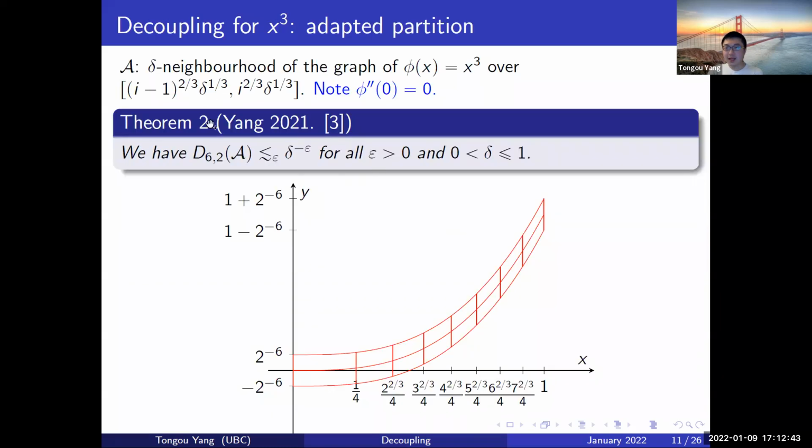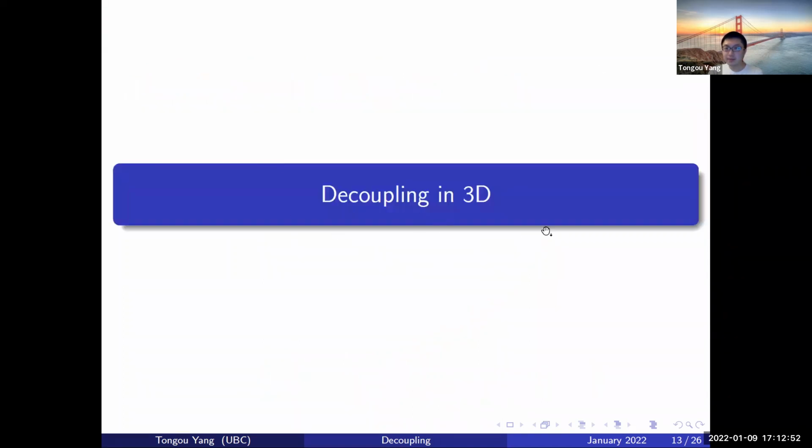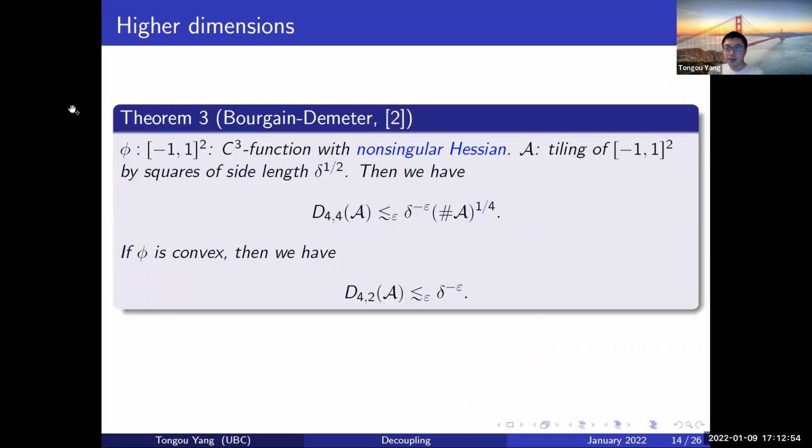So that is what I got previously, but now things get extremely more difficult in 3D. Let's talk about a fundamental result of Bourgain-Demeter. So they prove that given any phi, which has non-singular Hessian determinant, and this means that the graph of the function phi in 3D is curved.